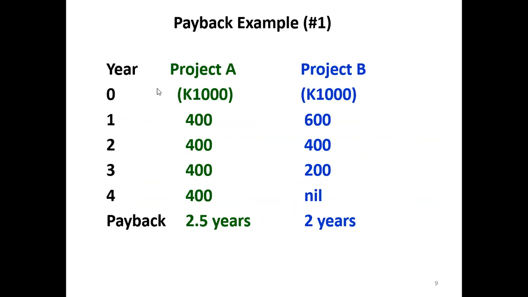The cash flows that we have, starting from year 0, are given as follows, for project A. Year 0 mainly looks at our initial cash outflow. The 1,000 is how much we started with.